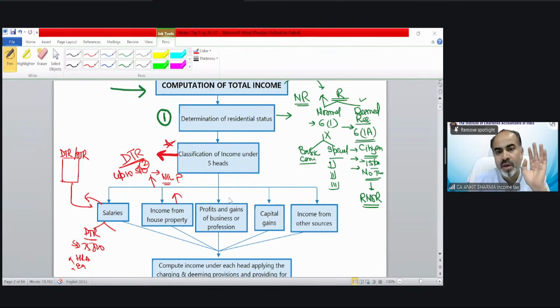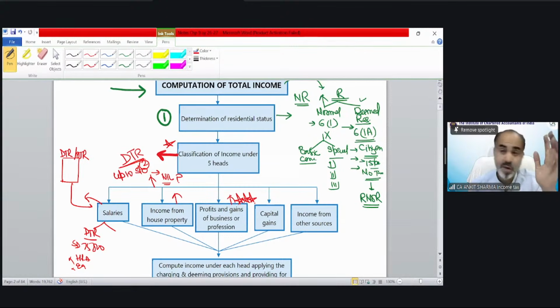Then we come to PGBP. And of course, PGBP is a star head of income. Why is it a star head of income? Because in a compulsory question, the majority would be based on PGBP provisions, that would be a P&L, and then other income, deductions and clubbing provisions must also be incorporated in that question.